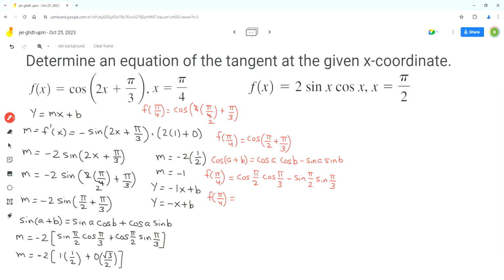So cos pi over 2 is equal to 0 and cos pi over 3 is 1 over 2, minus sine pi over 2 is 1 and sine pi over 3 is square root of 3 over 2.